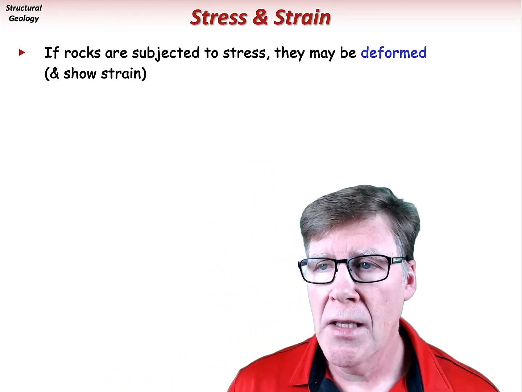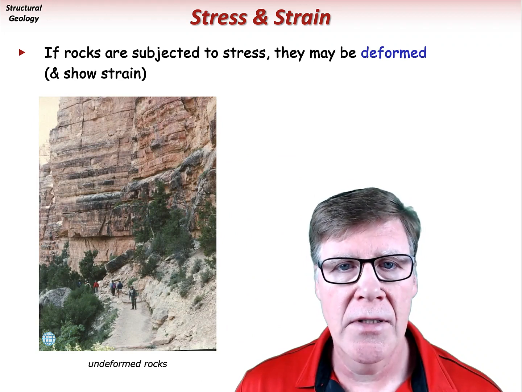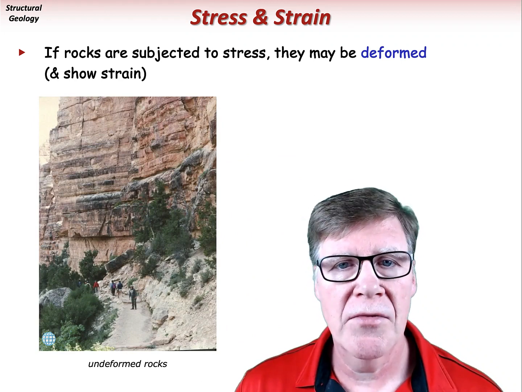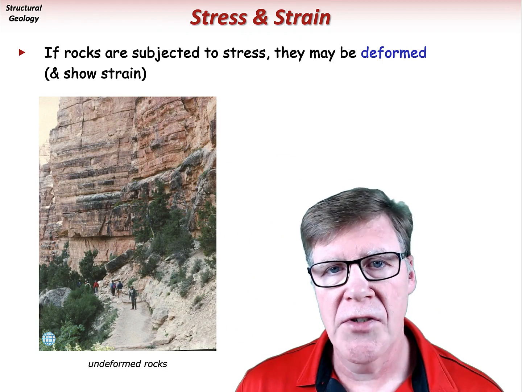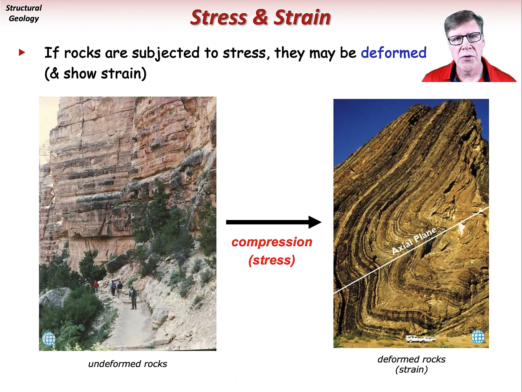For example, these flat-lying sedimentary rocks at the top of the South Kaibab Trail in the Grand Canyon are relatively undeformed or unstrained. However, if they are subjected to compressional tectonic stress, over time they may be deformed and show strain. These formerly flat-lying sedimentary rocks in Namibia have been deformed into an overturned fold.